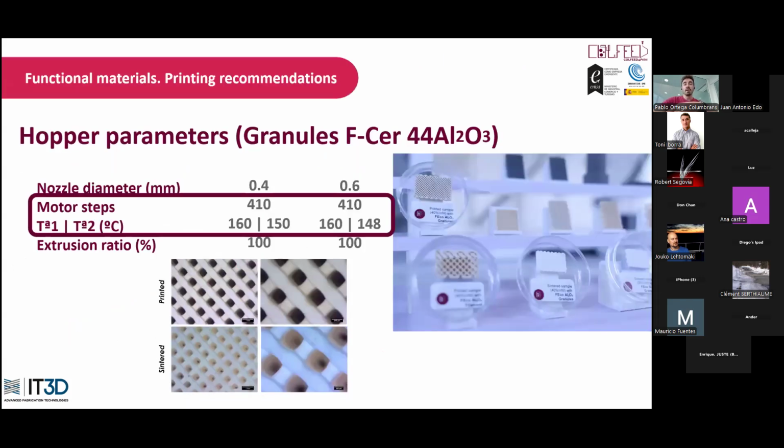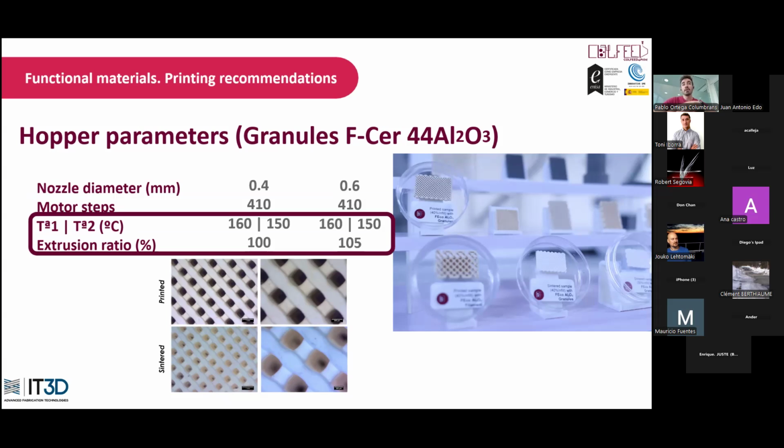For example, in the same case above, using the same motor steps, it will be necessary to decrease the temperature of the second, the higher thermocouple in the hopper system, just to make the material more solid and increase the fluency and the feed ratio of our molten material.